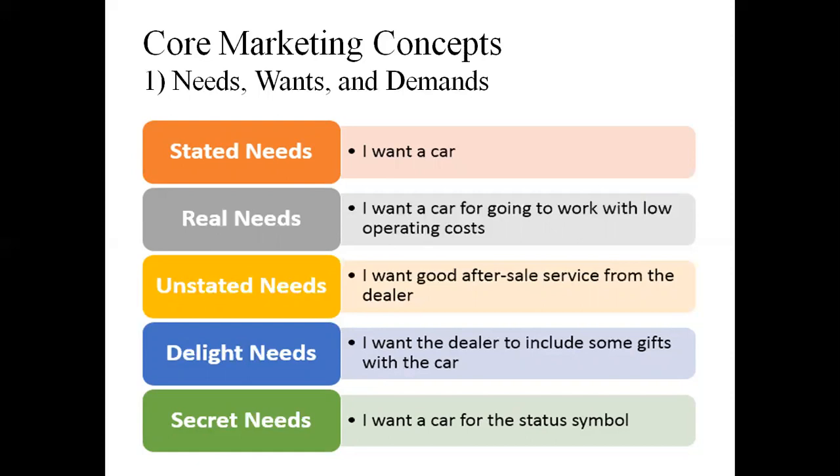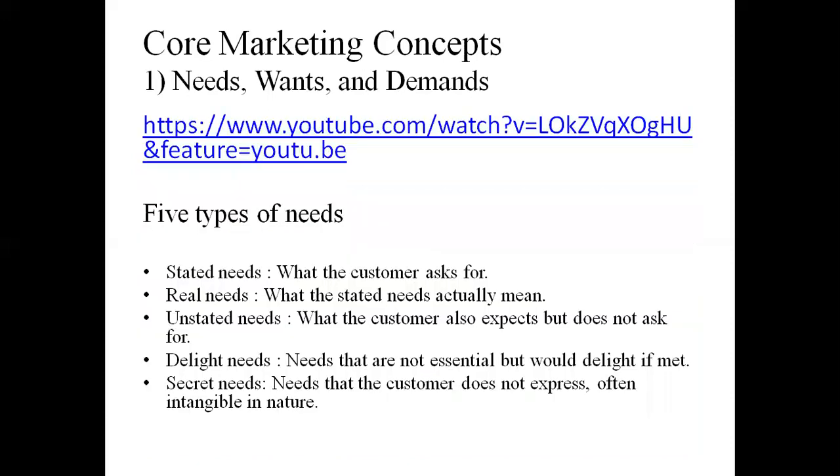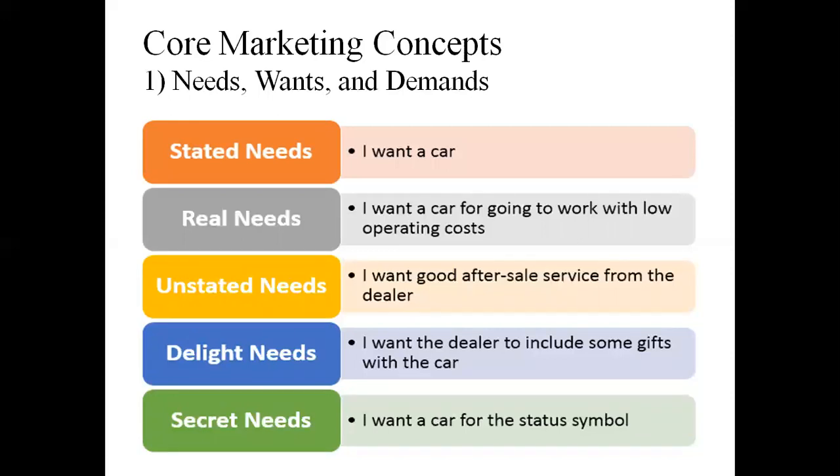Next is the unstated need, which the customer is not saying, but he wanted and expected it, though he did not ask for it. Like, I want good after sales service from the dealer. Next is the delight need. If I want the dealer to include some kind of gift with the car, then it will be a delight need. And the secret need behind that, which is intangible, is that he wants the car as a status symbol.